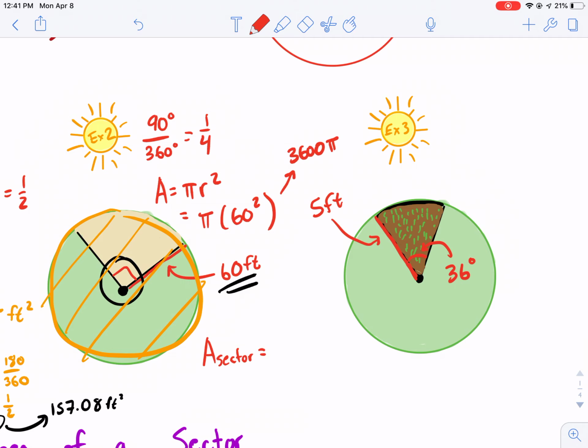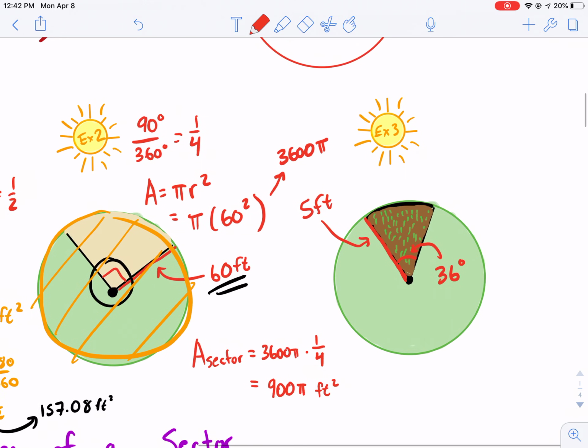So the area of the sector is 3,600 pi times 90 over 360, or I'll just write 1 over 4. I should get 900 pi. That's a nice number, feet squared. You don't have to worry about it. It's 900 pi, just leave it like that. If you want to multiply it out, so be it, but 900 pi feet squared is correct too.